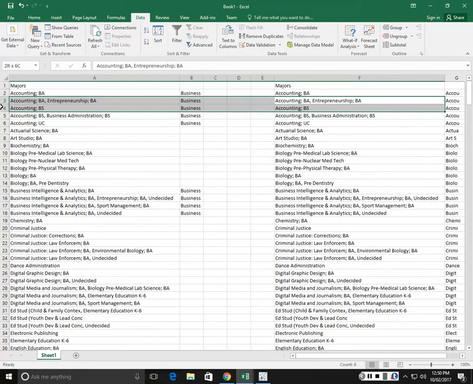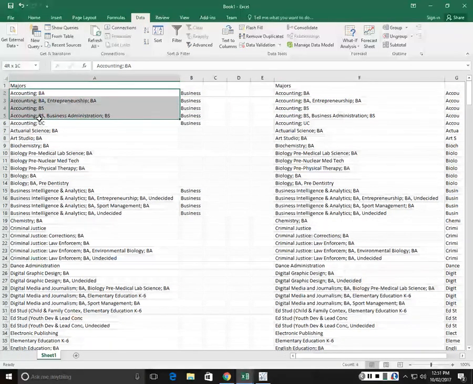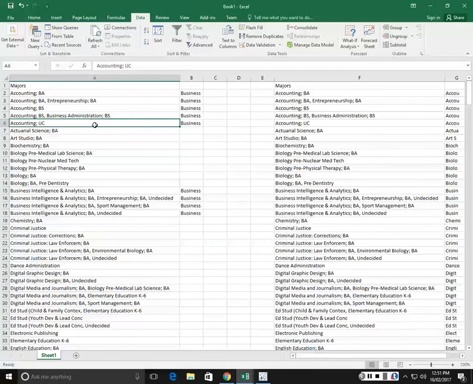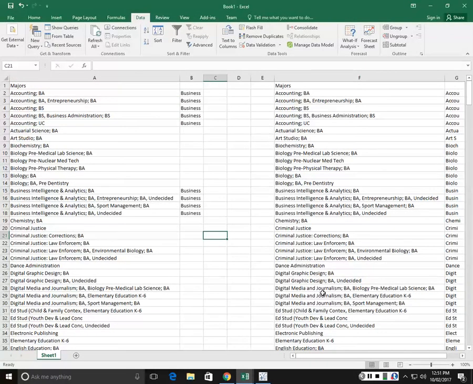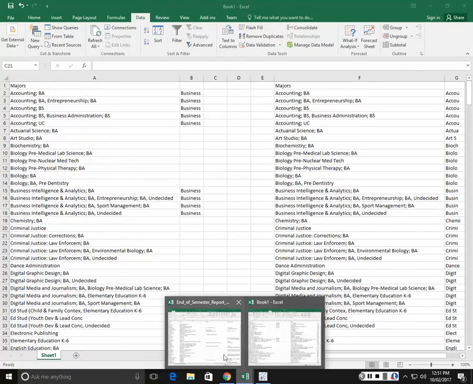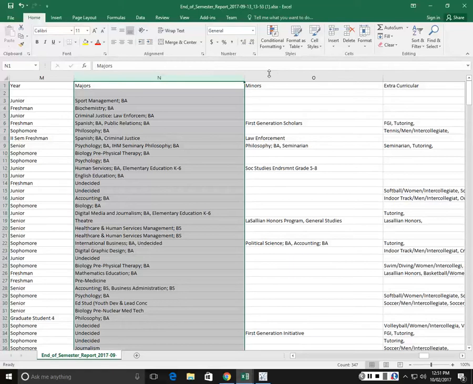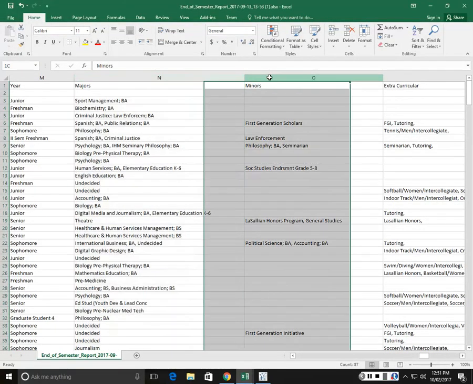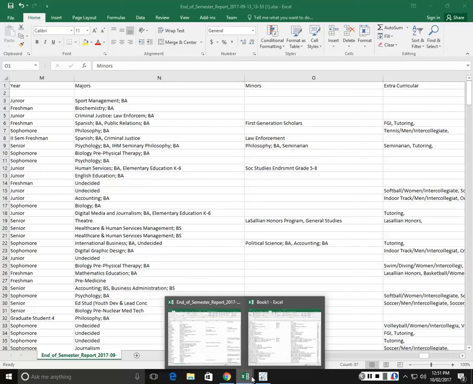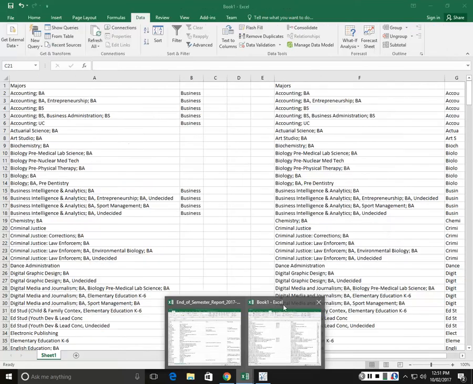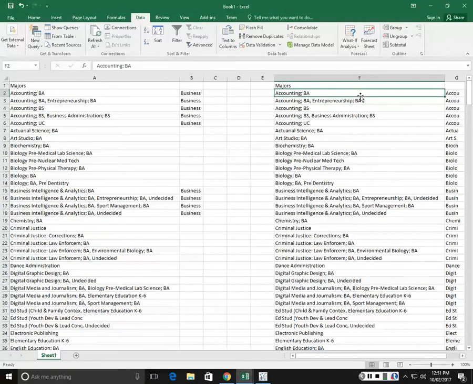Because when I did it over here, these were uniques. The idea is I would VLOOKUP this back into the main sheet as a new column, clean majors or truncated majors. Instead of going through 400 rows and replacing, this would be a lot faster.